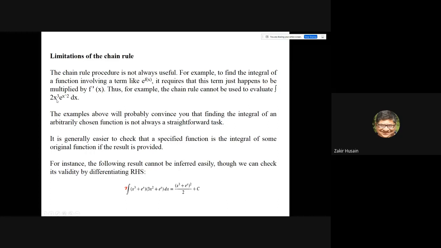But suppose we have a term like 2x cube e to the power of x square. Okay, so x square, if you take the derivative, it's not equal to 2x cube. So here we cannot use the chain rule. So therefore, finding the integral of an arbitrarily chosen function is not always easy.